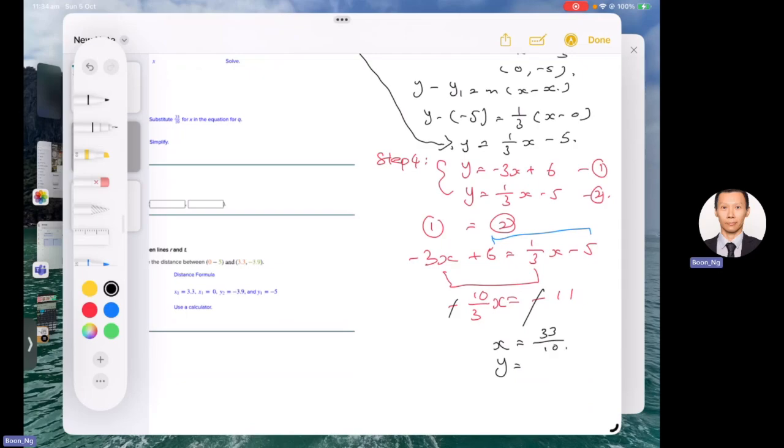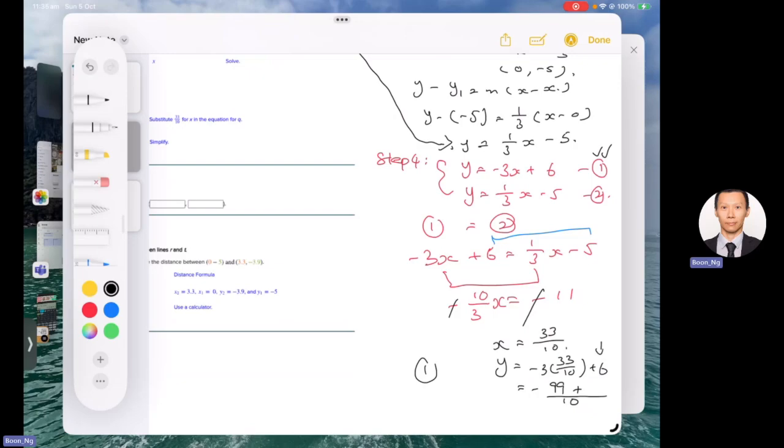For y, I will reuse equation 1. Equation 1 is this. All right. y equals -3 times 33/10 plus 6. If we work on it, 3 times 33 is -99, plus 6.